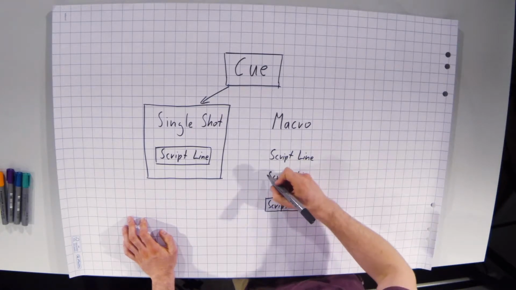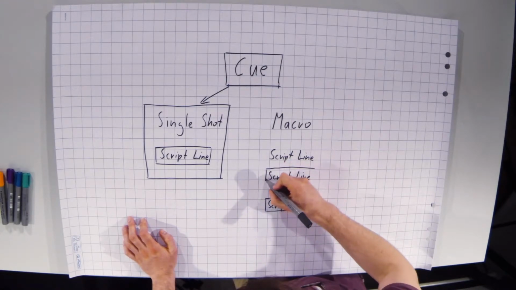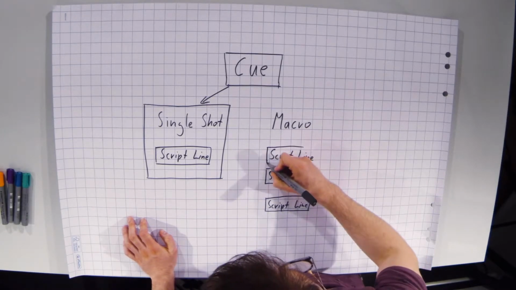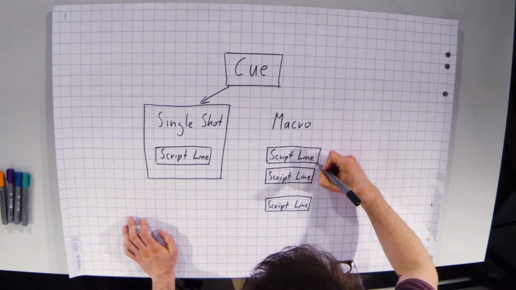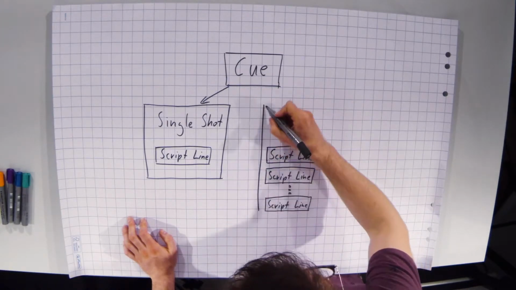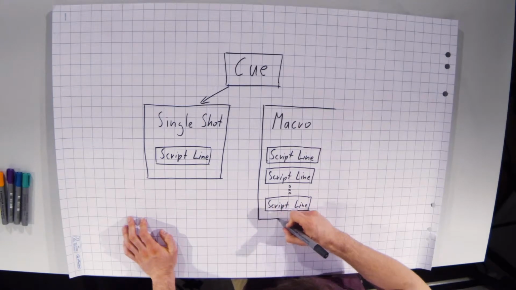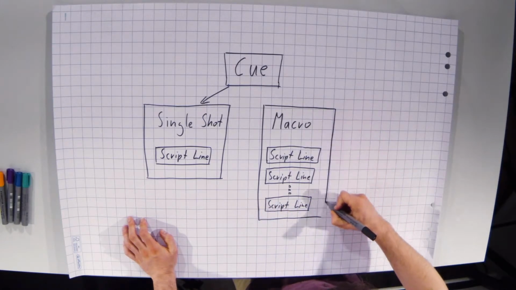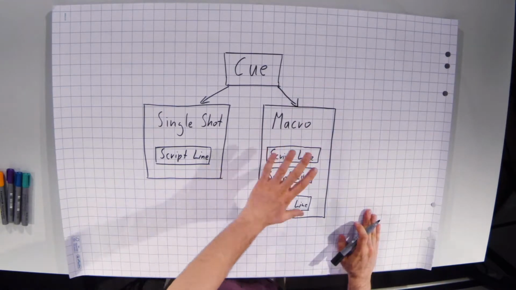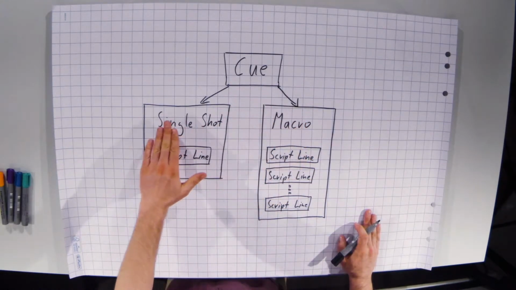A macro is defined as having two or more script lines. So you can have these two kinds, queue, macro, or script line.